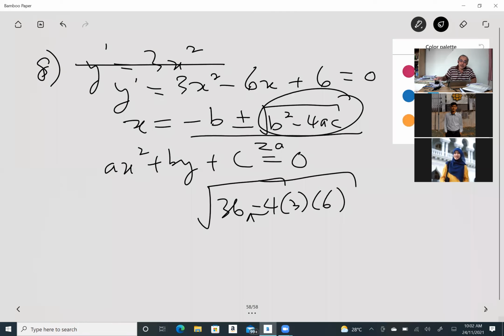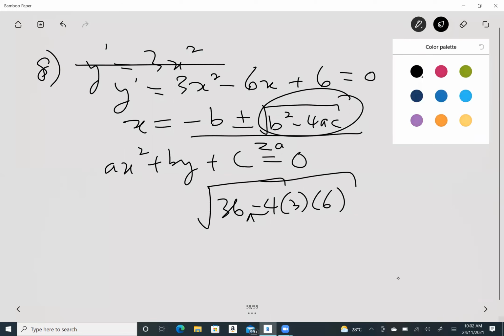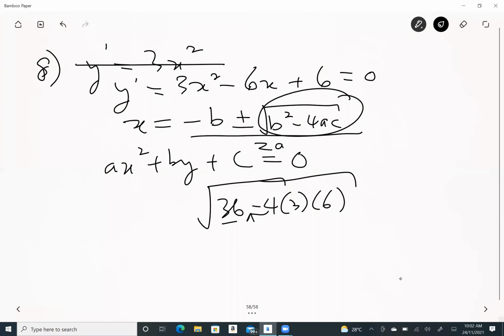So that is the problem. You will get the square root of a negative number. That will be 36, and 12 times 6 is 72. So you got the square root of negative 36. When you got a negative number, that will be involving a complex number or imaginary number.